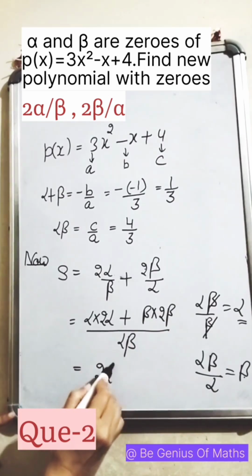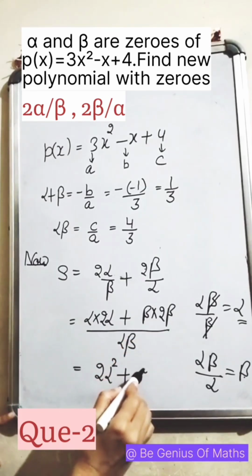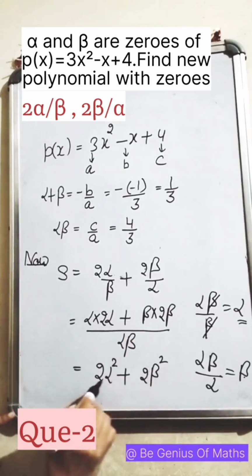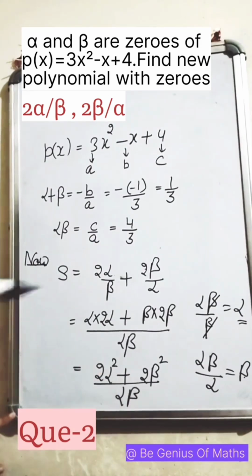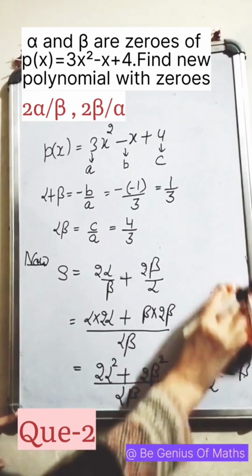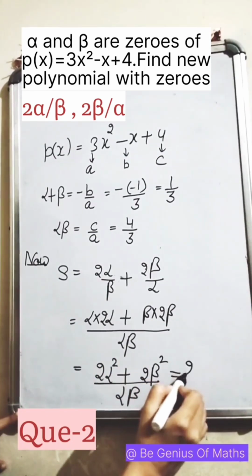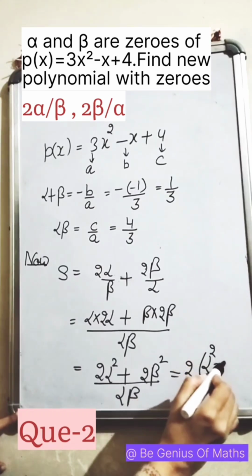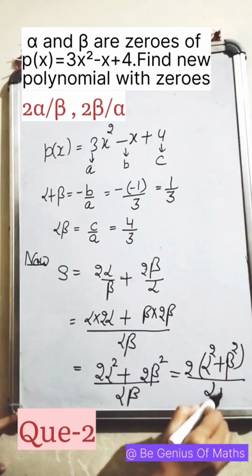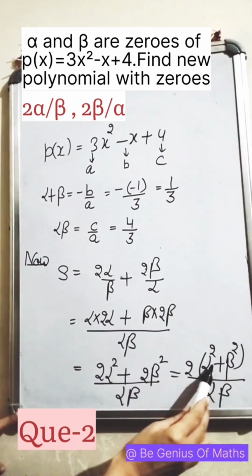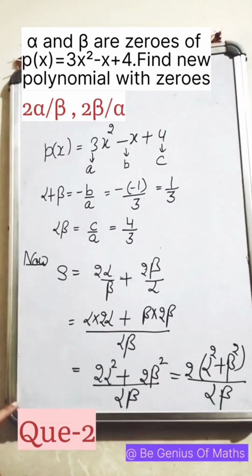Alpha into alpha is alpha square, and 2 into 1 is 2. Similarly 2 beta square by alpha beta. Taking 2 common, we get 2 into alpha square plus beta square by alpha beta. To solve this, we have to find the value of alpha square plus beta square.